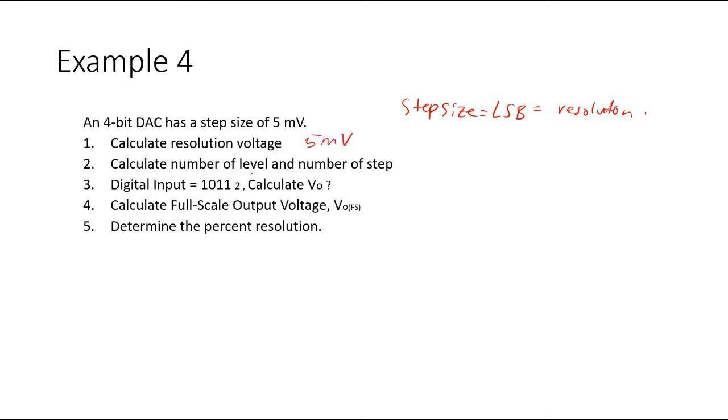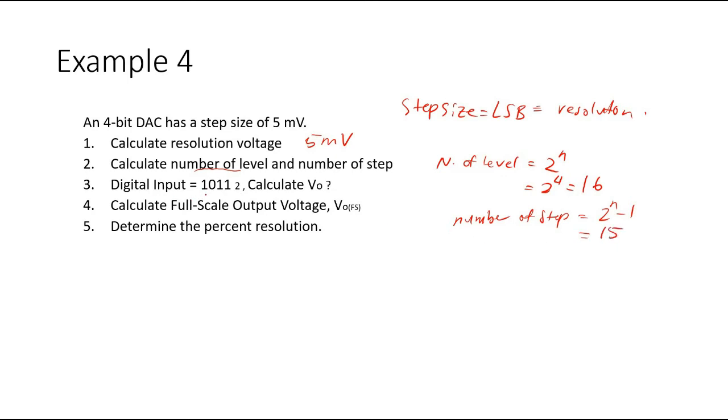Calculate the number of levels and number of step. So number of levels equal to 2 power of n. So kita ada 4 bit. So 2 power of 4 equal to 16 levels. And number of step equal to 2 power of n minus 1. Kita akan dapat 15 number of step.